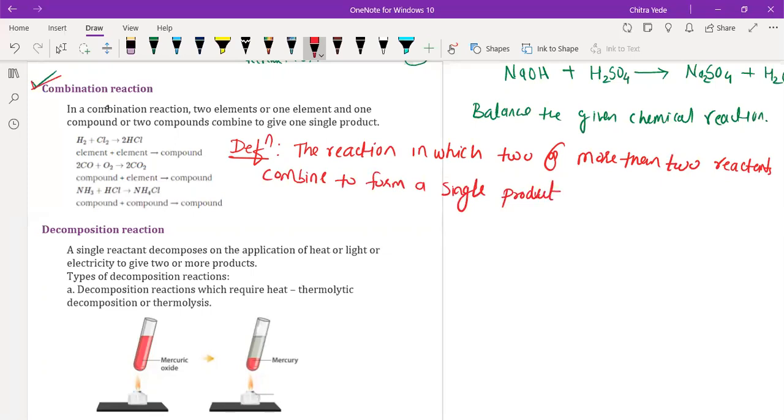A reaction that forms a single product is called a combination reaction. Okay, understood?